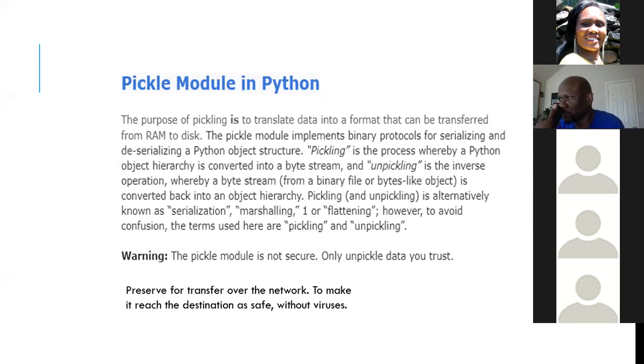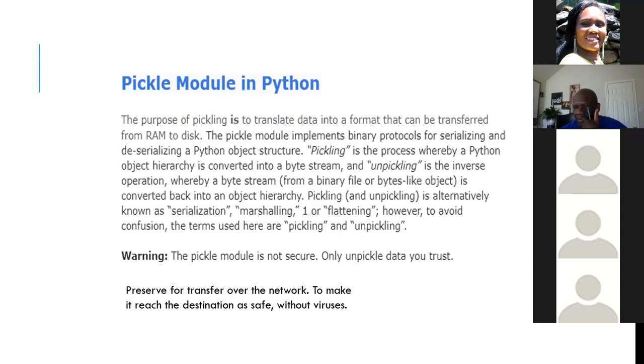Most of the time when we want to transfer a Python file, for instance, I am writing a Python file and I want to transfer it through the network, maybe to Monica. Within the network, there are a lot of things that can interfere with my file. My file can be infected with viruses, if that is the right word to use. It is never safe over the network for the files.